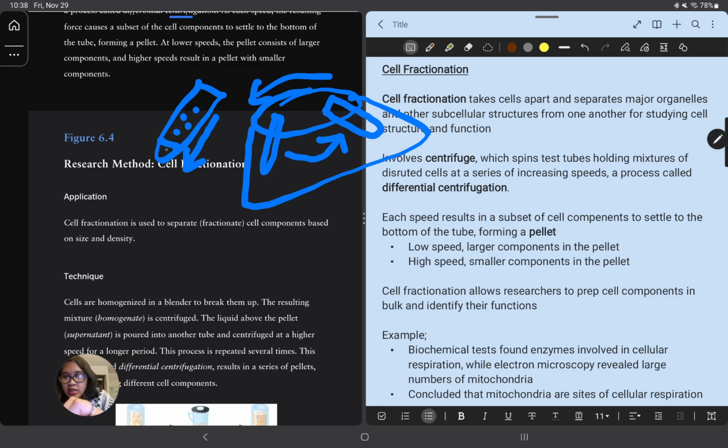And then what you get is a little pellet. This is the pellet at the end. And then the rest up here is clear liquid, and the solids go to the bottom.